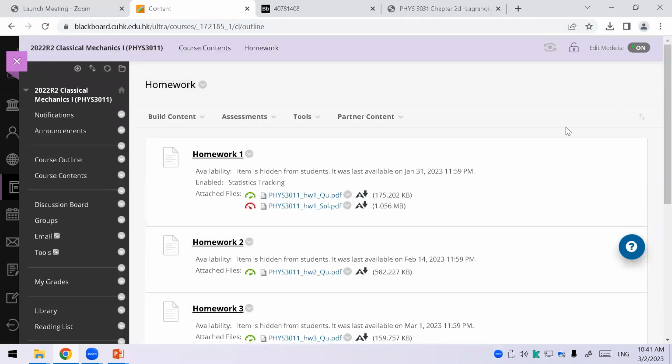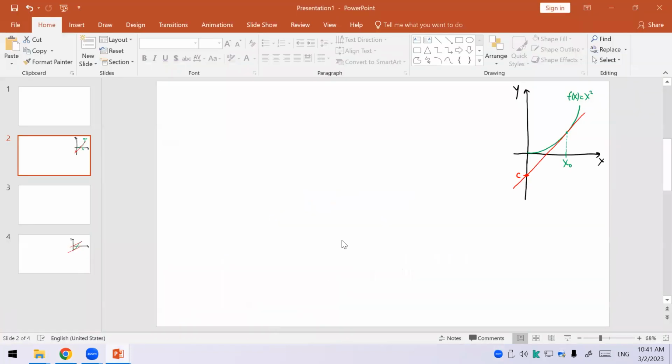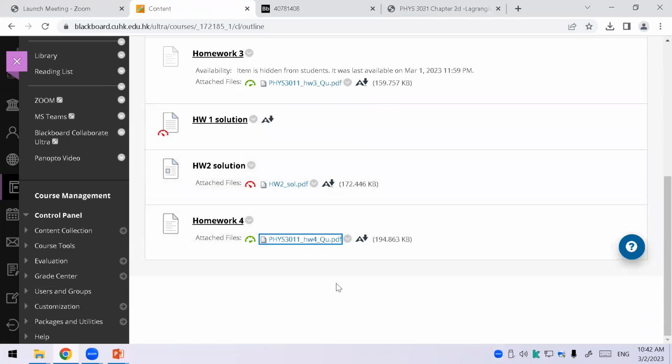Okay, let's move on to the next chapter. The next chapter is about Hamiltonian mechanics, which is closely related to chapter 2 on Lagrangian mechanics.